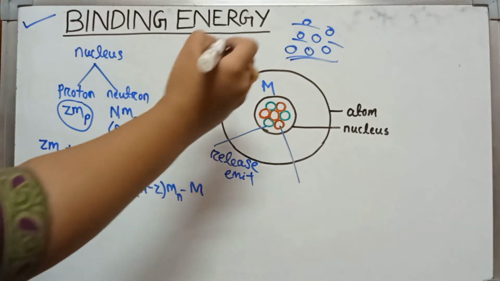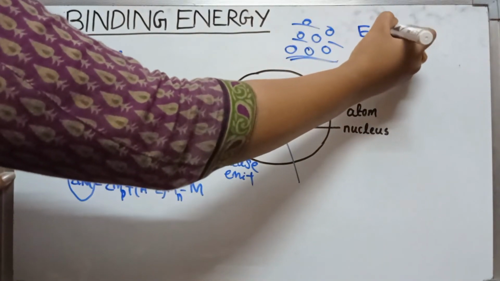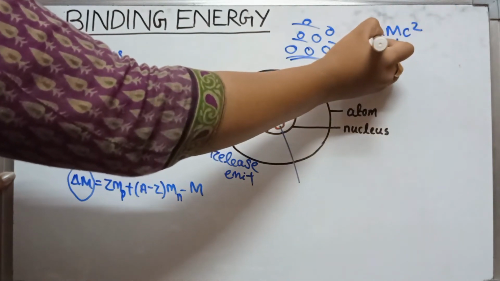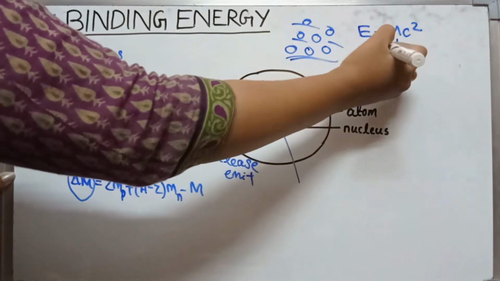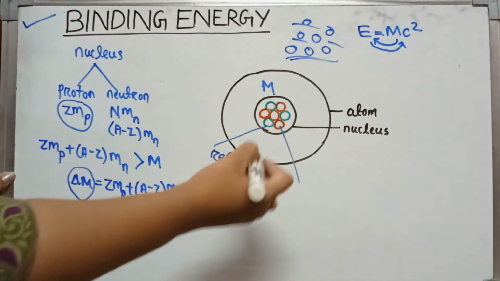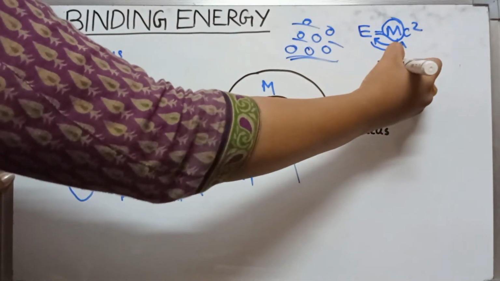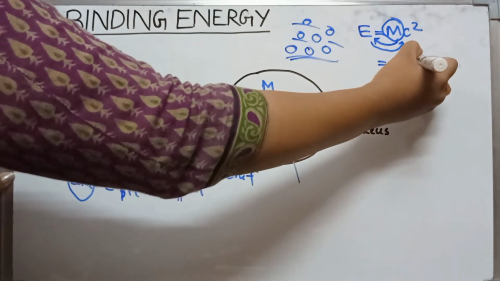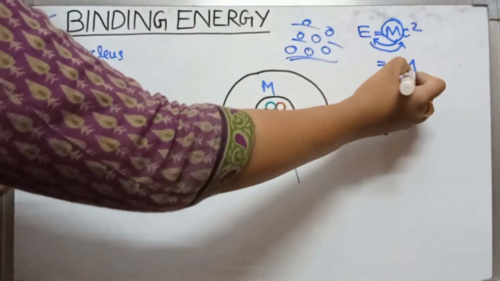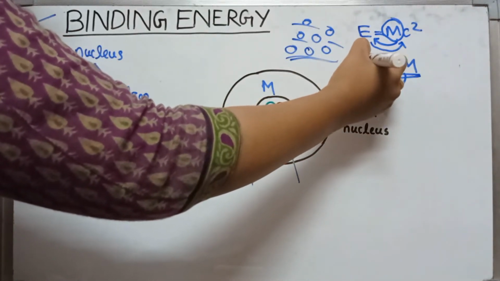According to Einstein's mass-energy relation, E equals mc square, where mass is converted into energy as well as energy is converted into mass. So here we have the difference of mass, denoted by mass defect, and this mass defect is converted into energy.